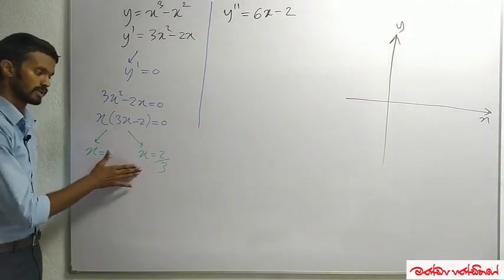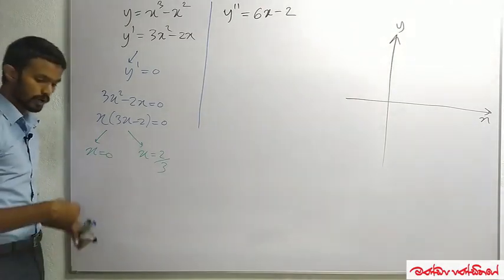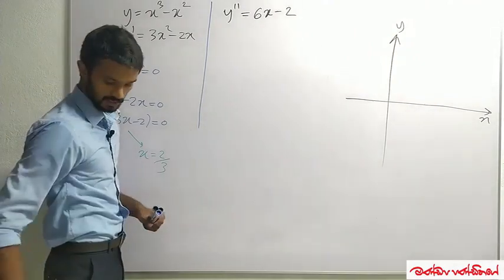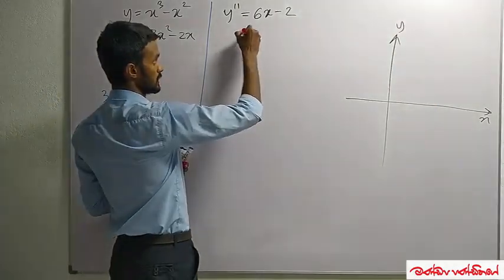One is x equals 0 and the other is x equals 2 over 3. So what is the theory? I'm putting a red star mark on the theory.